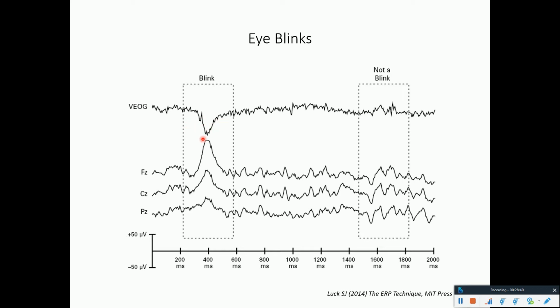And the story here is that you see these fluctuations in FZ and CZ, and here you actually have a blink, which you also record in the VOG. Here you might be tempted to think that this is also a blink, but then the VOG tells you that this is not a blink. So I have mixed feelings about these electrooculogram recordings.